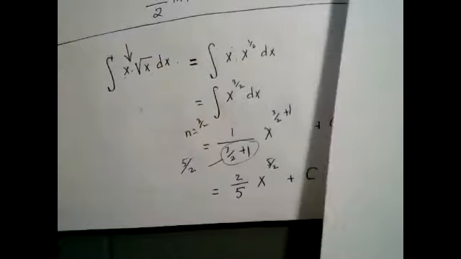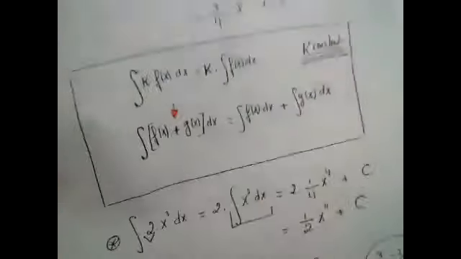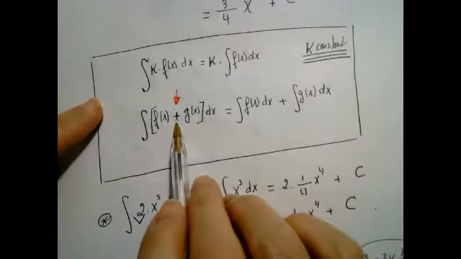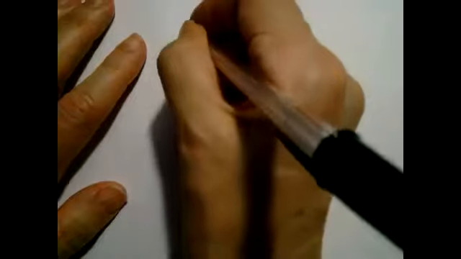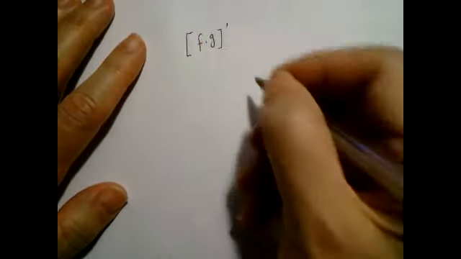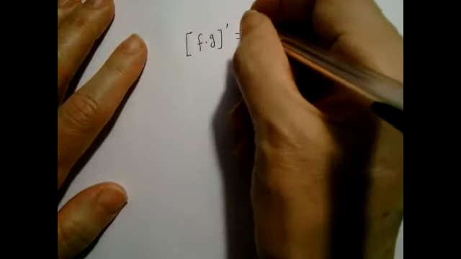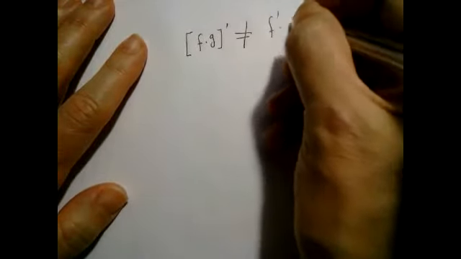Now, this is going to make me give you the following remark. As I said previously, a property of integration is that I can break the indefinite integral as long as I have a sum. That's the rule. I cannot, like I did for the derivative. Remember, for the derivative of a product, this is not f prime g prime.